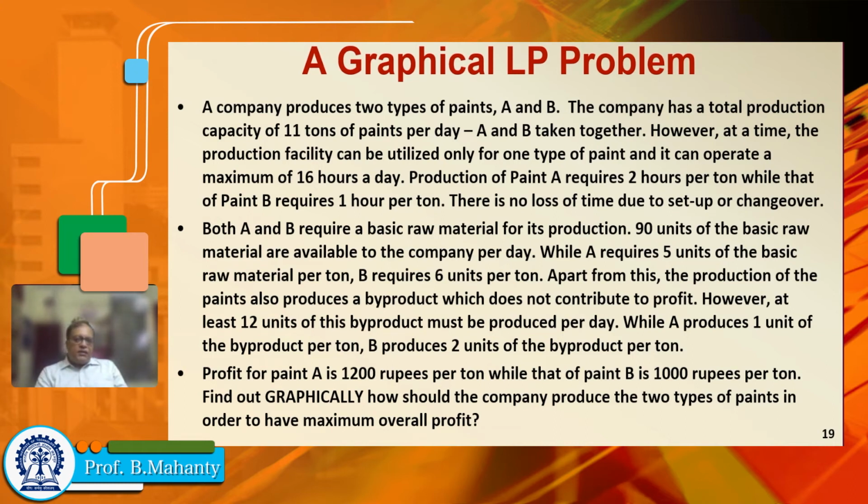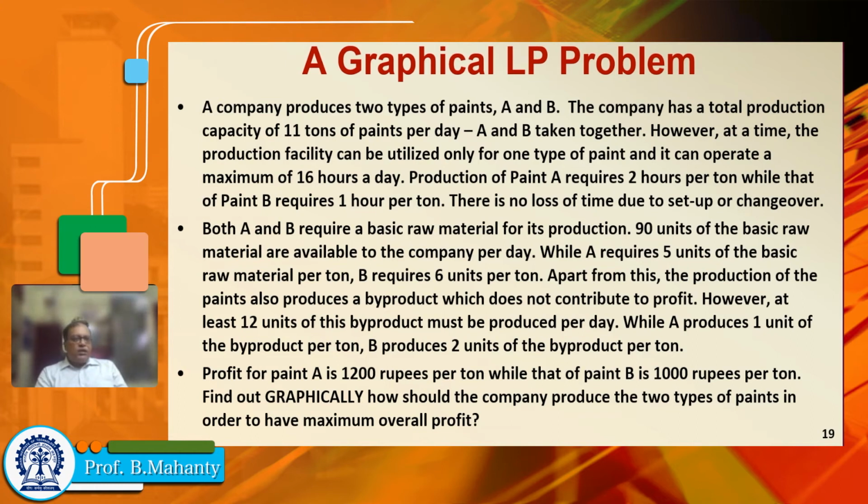Now, apart from this, the production of the paints also produces a byproduct which does not contribute to profit. However, at least 12 units of this byproduct must be produced. So see, x1 is the first one and x2 is the second one.